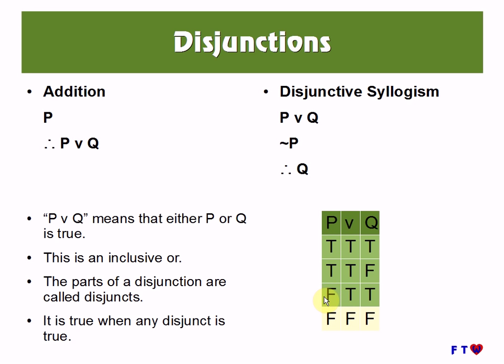So we have only one line where both of the premises are true, and in that line Q is true. So we can infer Q from these two premises. And so that's an example of how we're using the truth table to verify the validity of this argument form.